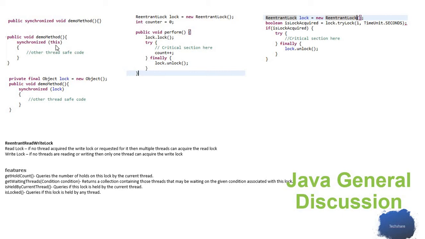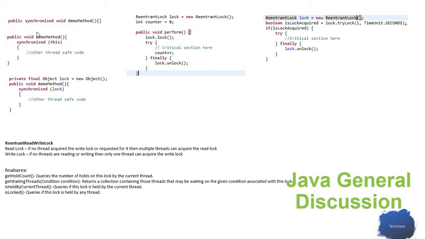Let's say I have threads T1 to T10. Thread T1 comes first, gets this particular object, and enters the synchronized block, which means T1 has the lock of this object. Now if threads T2, T3 or T10 want to execute this block, they have to wait for T1 to release the object.